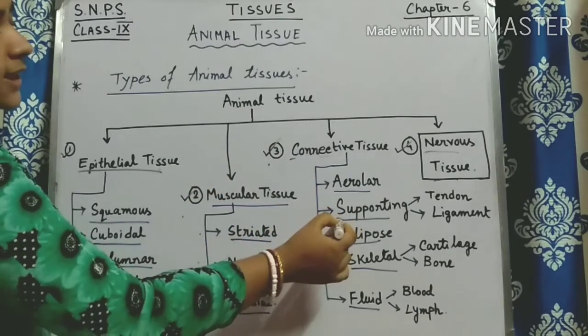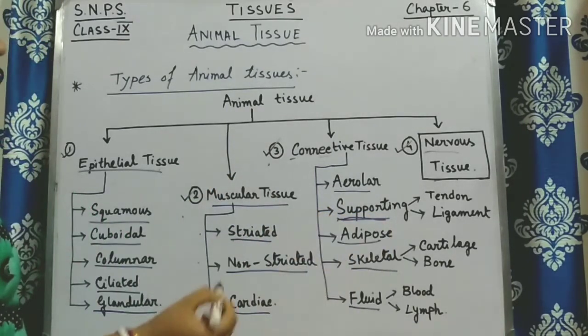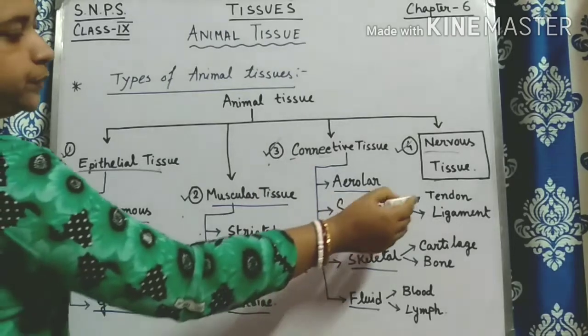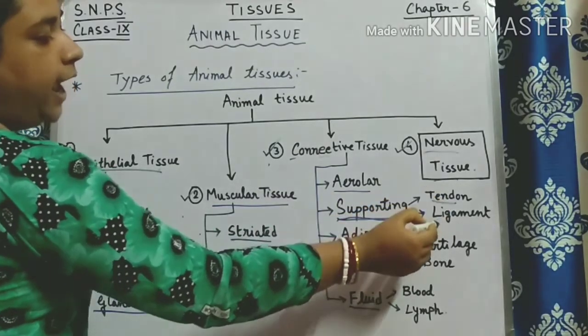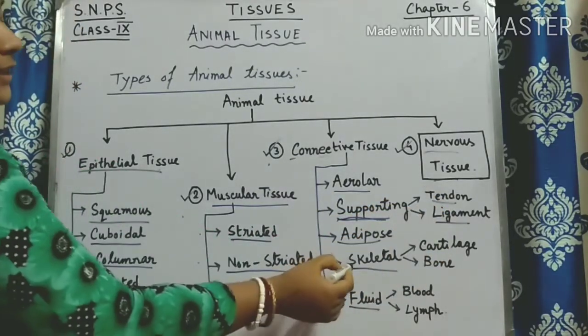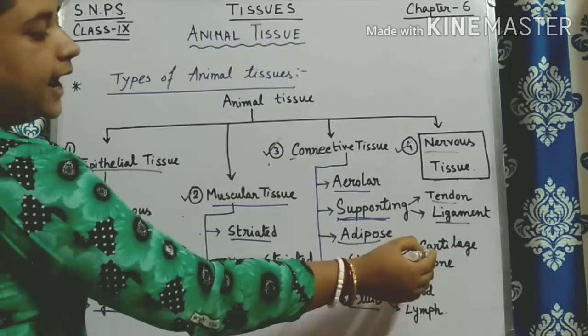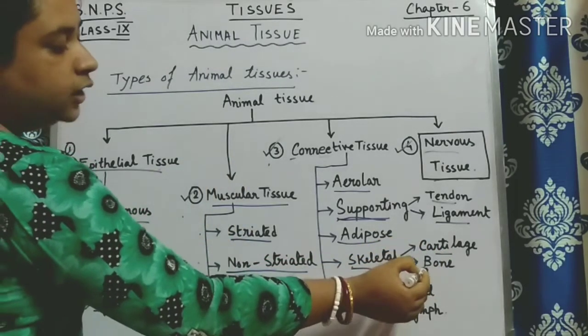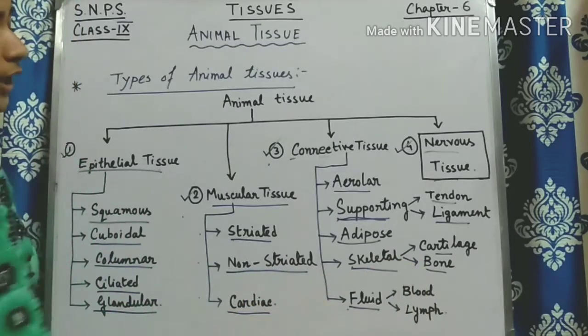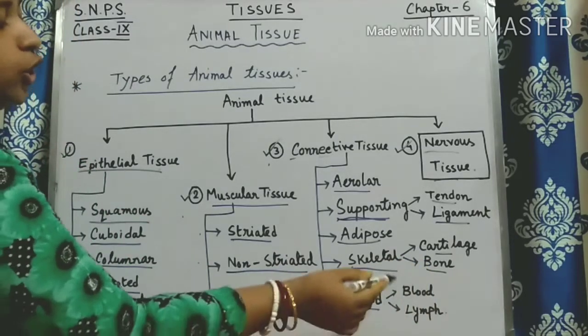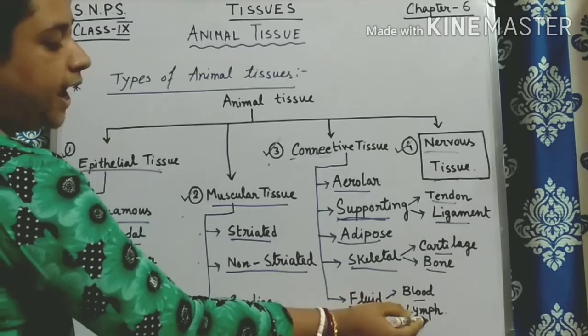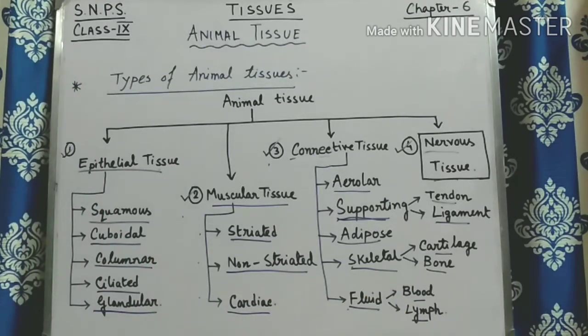The supporting connective tissue is again divided into 2, that is tendon and ligament. The skeletal connective tissue is again divided into 2 types, that are cartilage and bone. And the fluid is also 2 types, blood and lymph. This connective tissue is very important in this portion.